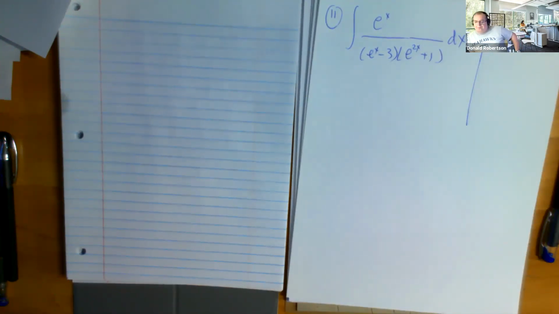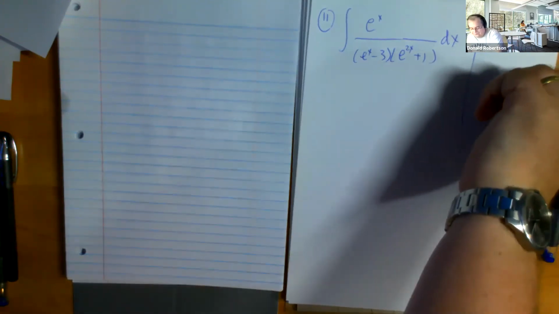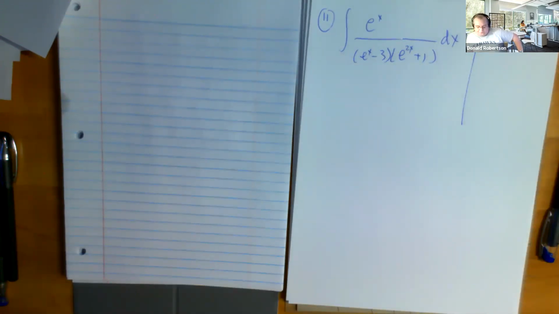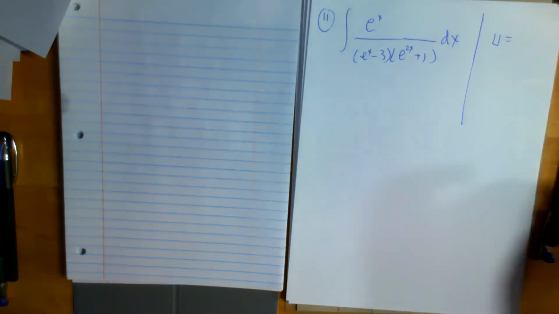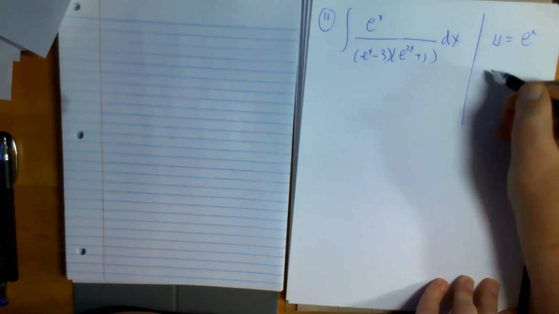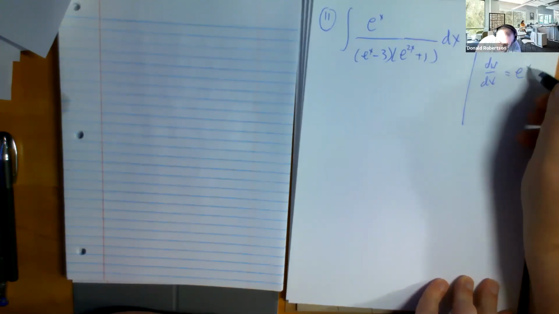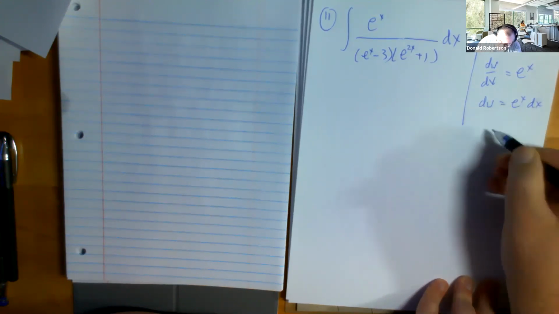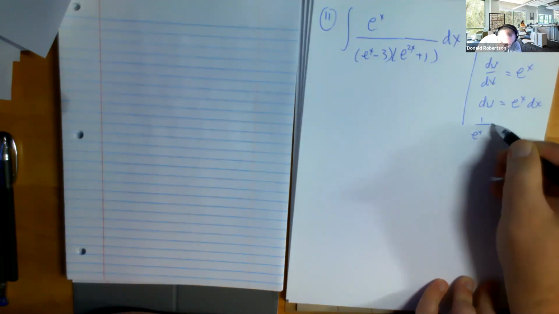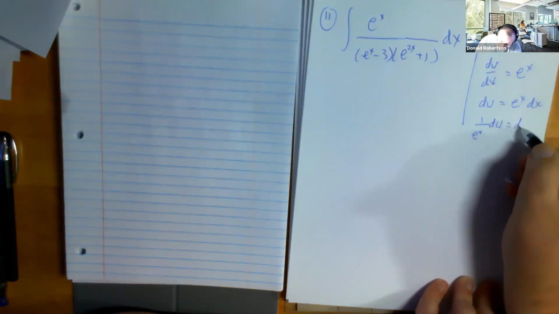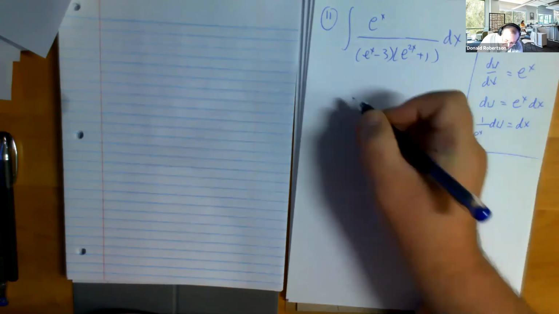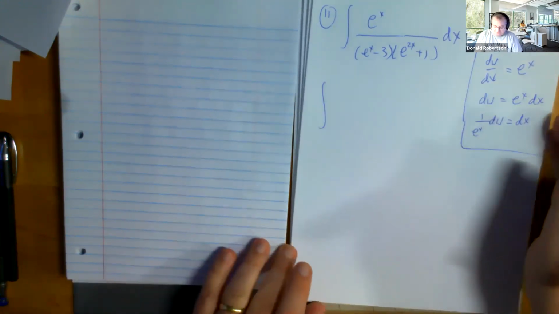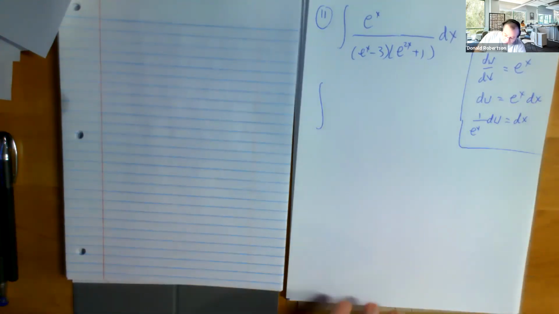Give me a u sub. e to the x. Good choice. If you differentiate with respect to x, if you do the crossover, and if you isolate the dx, things get a little bit messy here, but here goes.